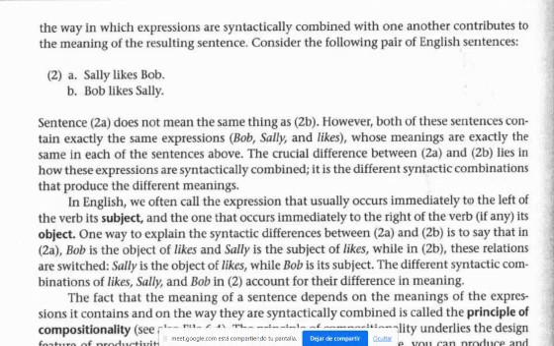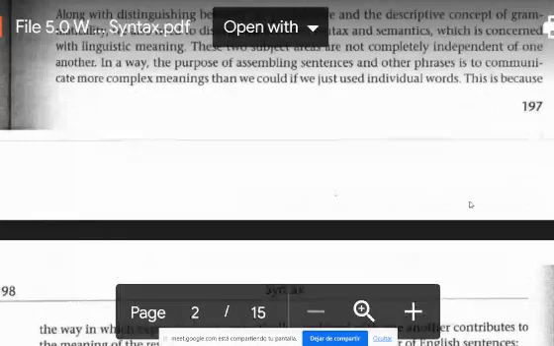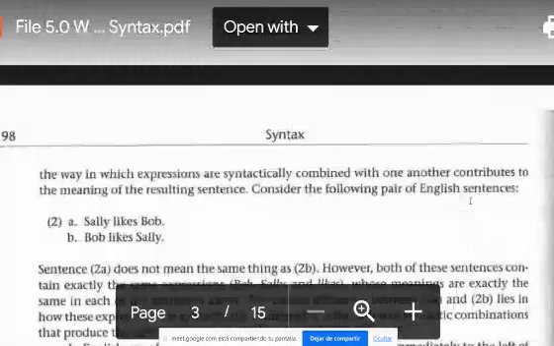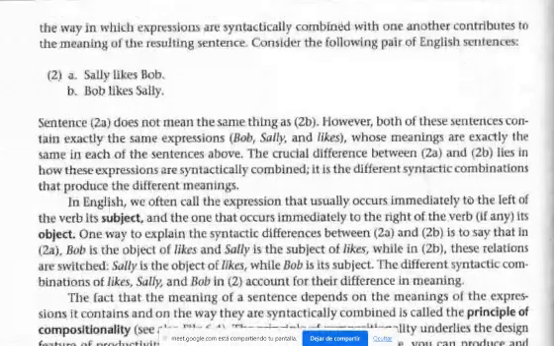It is the different syntactic combinations that produce the different meanings. And that's why, in the relationship between syntax and semantics, syntactic structure determines semantic meaning. If you arrange the same words in a different order, it completely changes the semantic meaning.